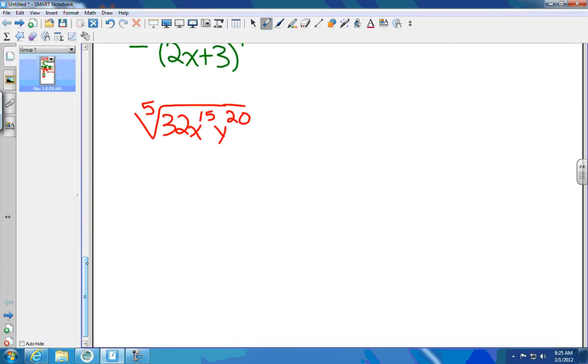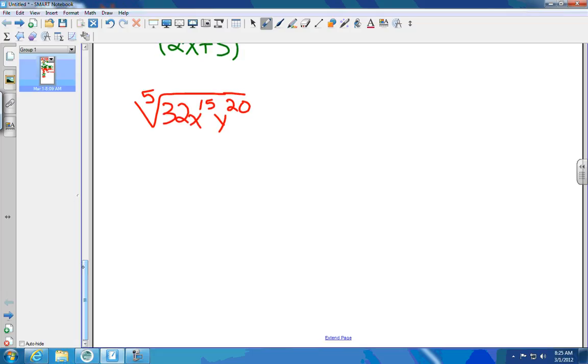So all that tells you is when you do the fifth root of 32 there, you end up with a positive number. What is the fifth root of 32? How do we figure that out? Somebody said it. It is 2. 2 times itself 5 times will give you 32. So 2, and then what do we have for our x exponent? 15 divided by 5 will give you x to the 3rd, y to the 4th power.